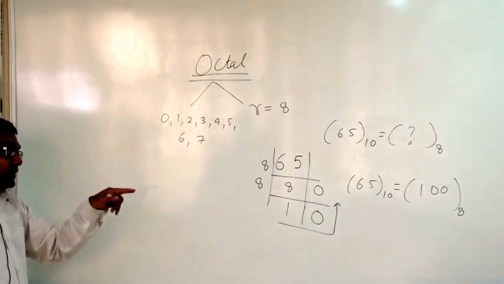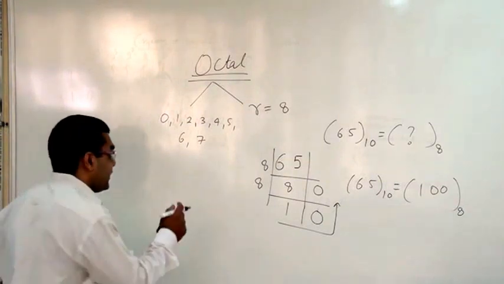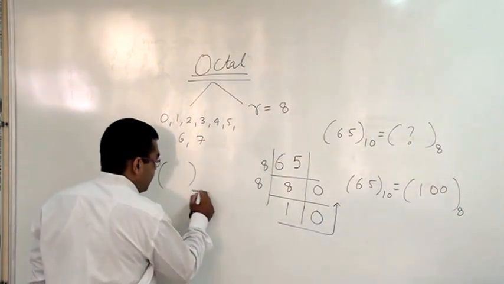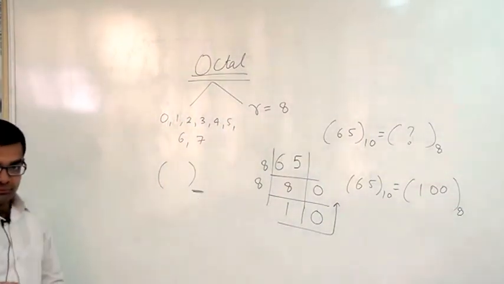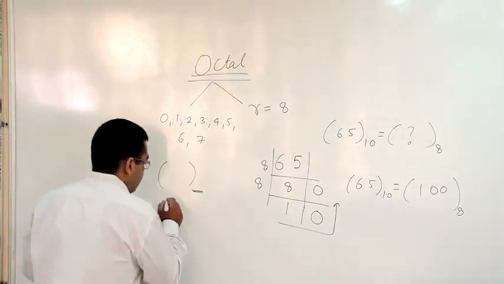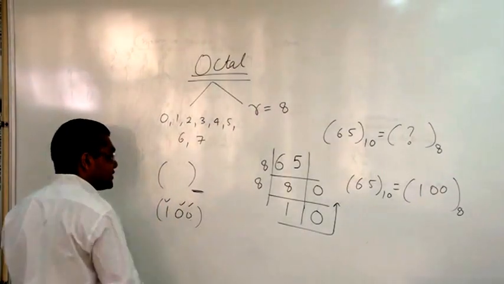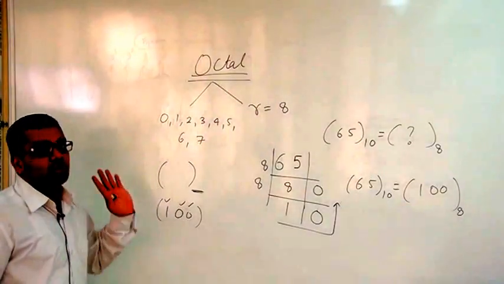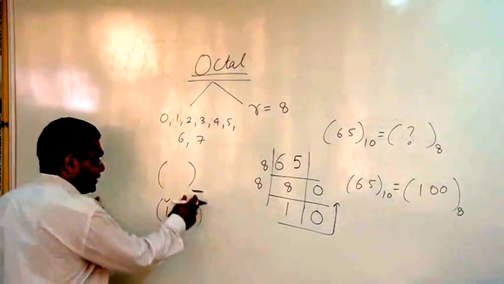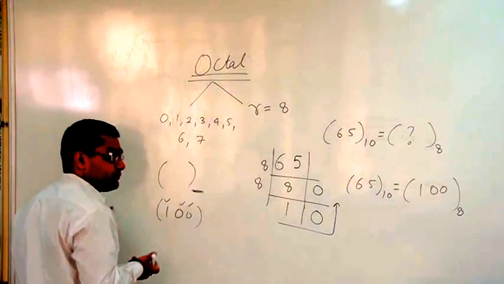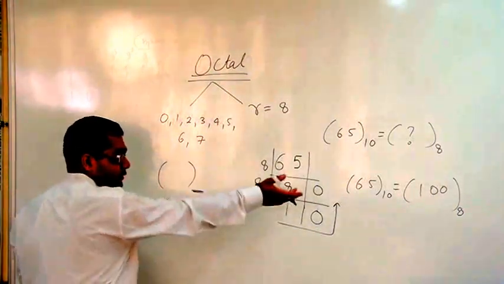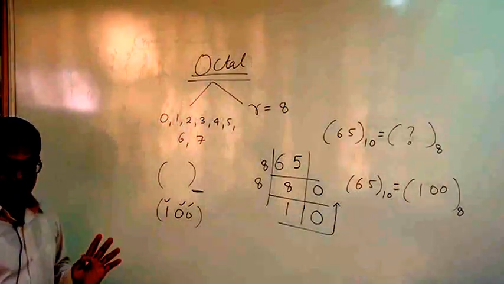So now you can actually realize the importance of writing radix outside the bracket over here. If we do not specify, because 1 is also a valid symbol, 1 and 0 are valid symbols in binary as well as octal, there will be a confusion whether it is octal or binary.